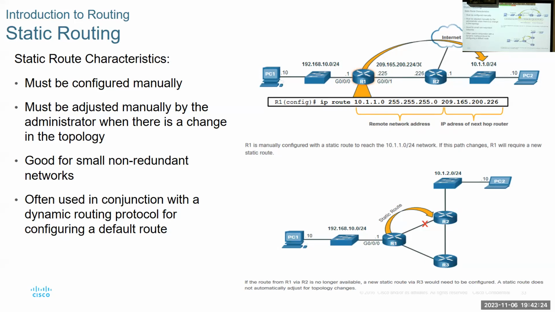There's also other things besides the number of hops or the speed. There are other factors that can contribute to what route is best. If you're using a simple routing protocol like RIP, then this may or may not be the best route.